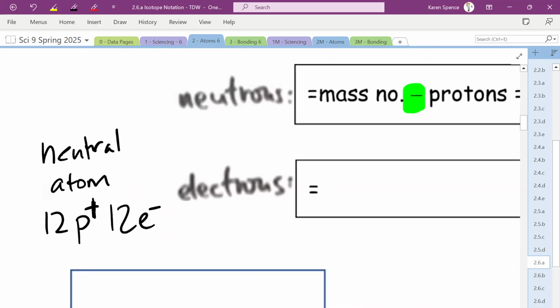Now, will we be changing the number of protons to give 2 extra positives? Would we still have magnesium if we changed the number of protons? No. So this has to stay. How many electrons would we need to have a 2+ charge? We would need 10 electrons.